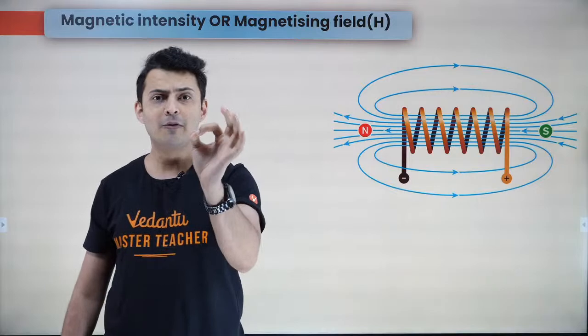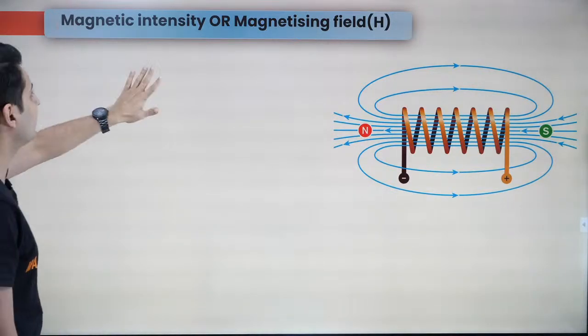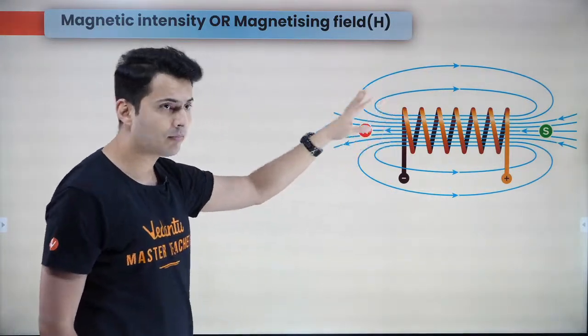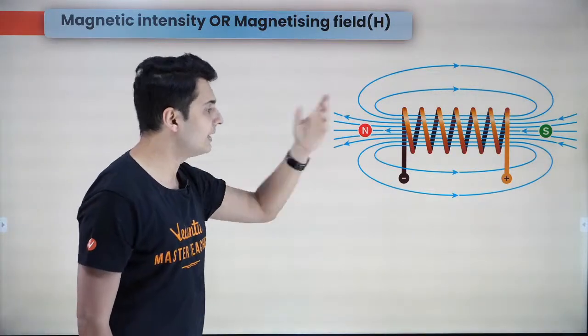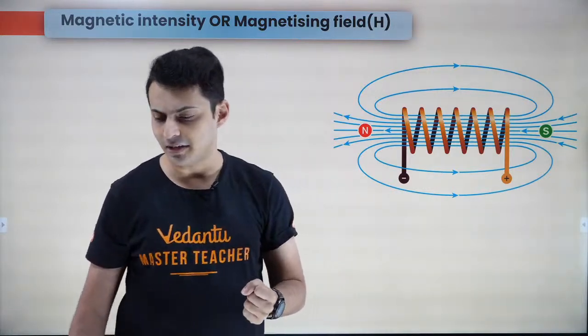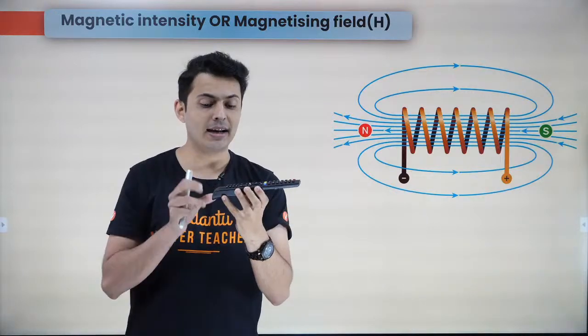Here's the first term coming up on your screen, and that is called magnetic intensity or magnetizing field. Both of them mean the same thing, magnetic intensity or magnetizing field. Now I'll give you an example. Imagine there is some material, it could be any material. Let's say this is the material. I want to magnetize it.